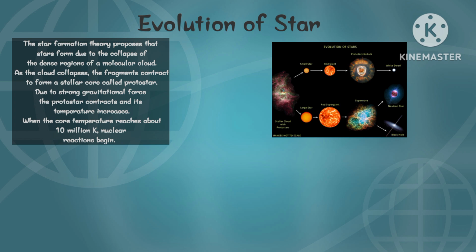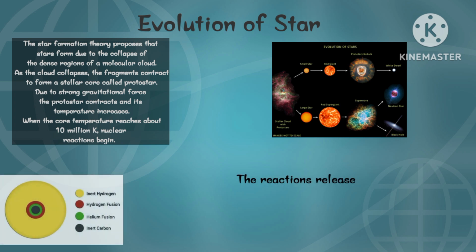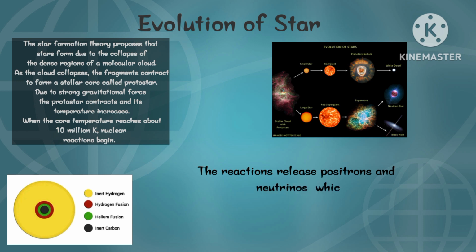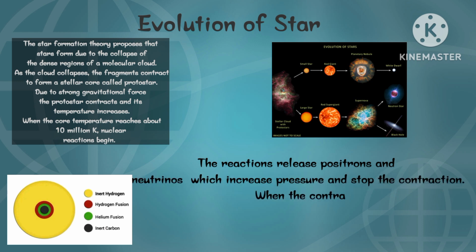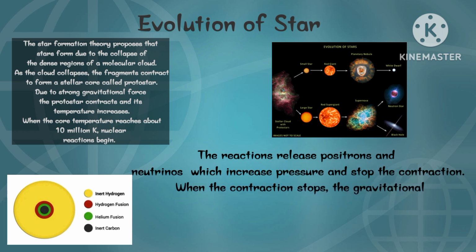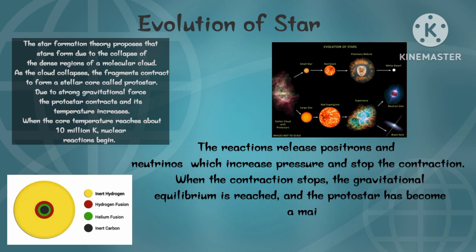When the core temperature reaches about 10 million K, nuclear reactions begin. The reactions release positrons and neutrinos, which increase pressure and stop the contraction. When the contraction stops, gravitational equilibrium is reached and the protostar has become a main sequence star.